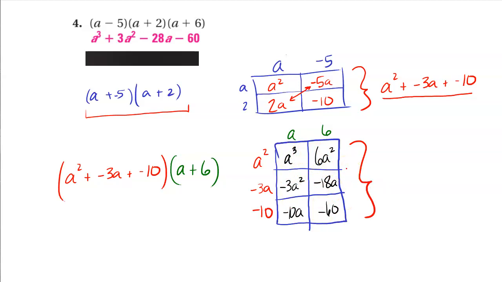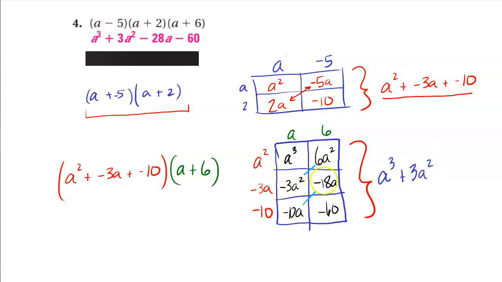So I'm going to go ahead and combine my like terms while I do this. So you can see my like terms are going to be these a squared terms and then also those right there. So my final answer will be a cubed plus, and now I'm going to take negative 3a squared plus 6a squared. So those are like, so this is going to be plus 3a squared.